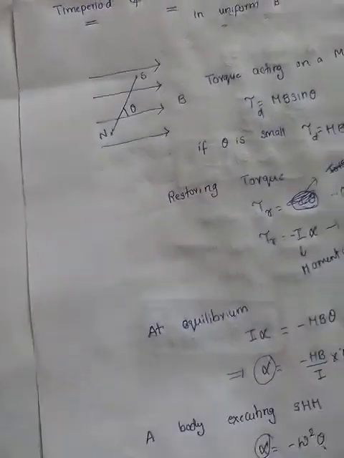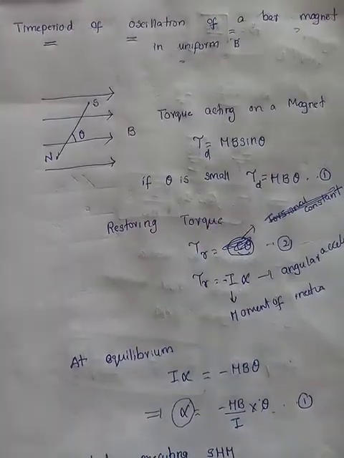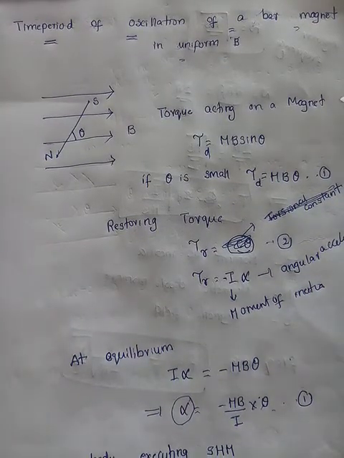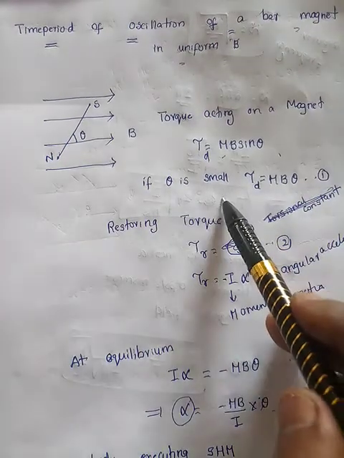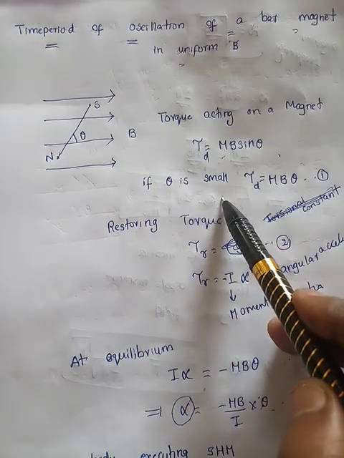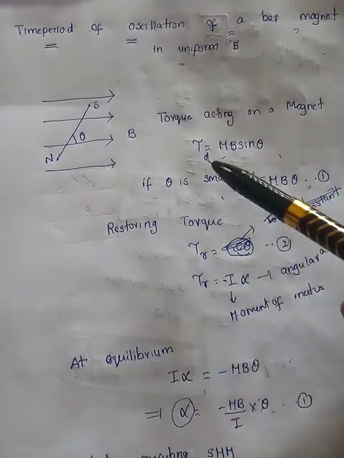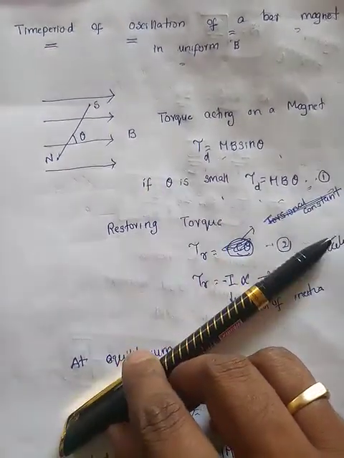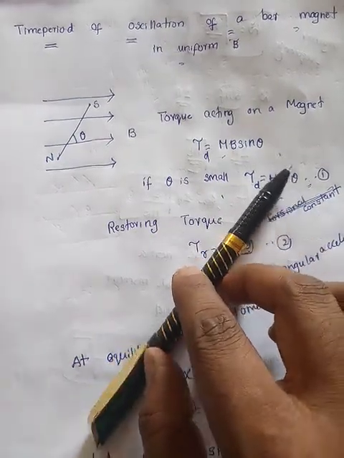What have we done here? When you place a bar magnet in a magnetic field, it experiences torque. The torque is equal to mB sin theta. We assume that the oscillation it is executing is for small theta, so tau d is equal to mB theta. Now, when it starts to rotate, one more torque acts on the body to bring it back to the normal position.